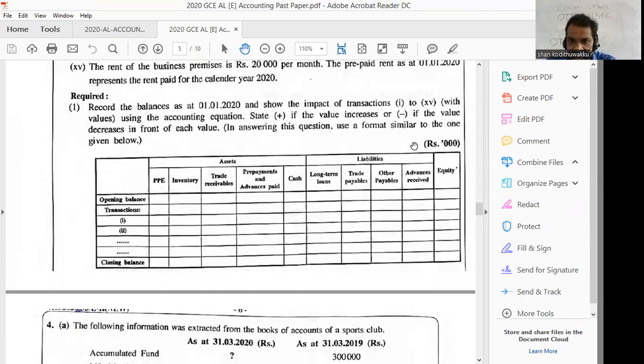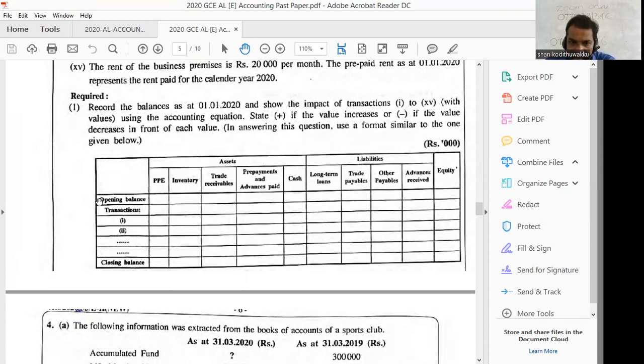Here the examiner has given you a specific format. Then you have to use assets equal liabilities. Again, under assets: property, plant and equipment, PPE, inventory, trade receivable, prepayments and advances paid, cash. Under liabilities, you have long-term loans, trade payables, other payables, advances received, and equity.